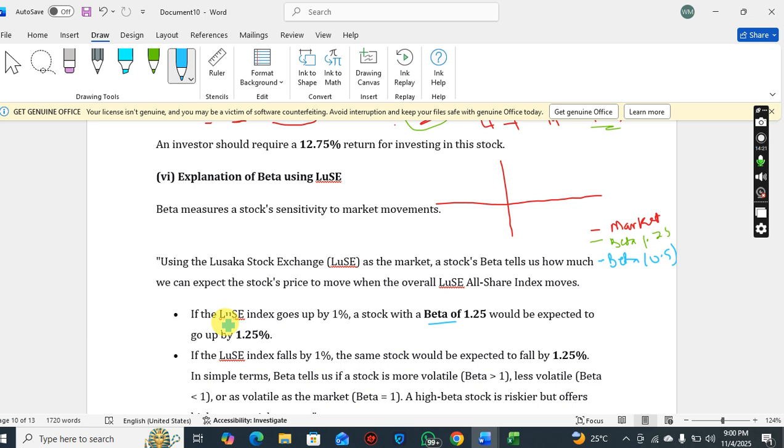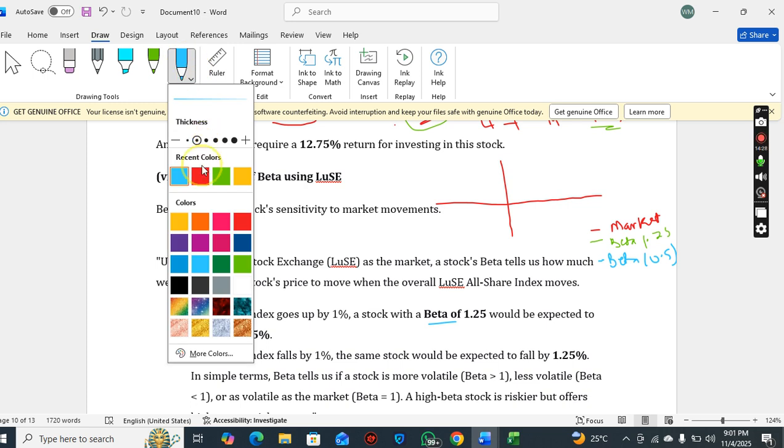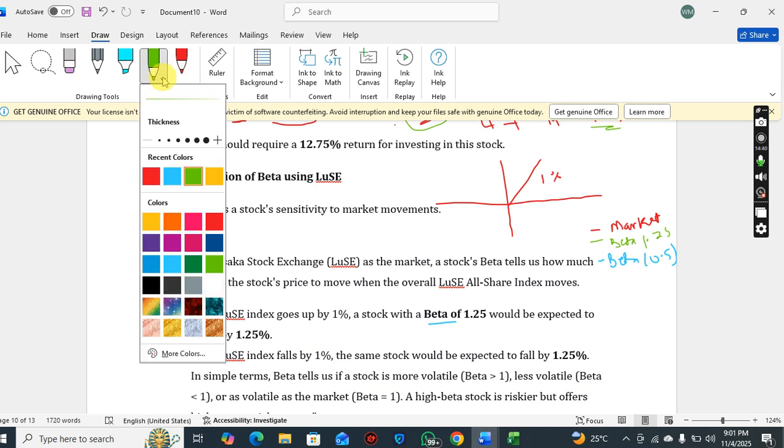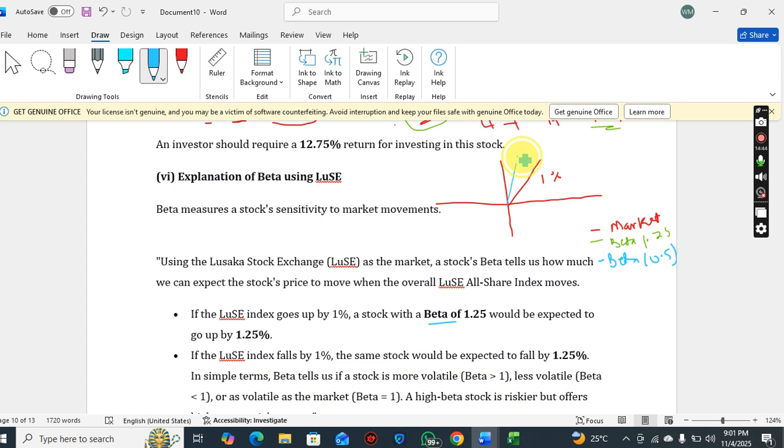Okay, so basically what it means is if the Osaka index goes up by 1%, so imagine this, the Osaka index in the red line has gone up by 1%. With this beta, the price of these shares is going to go up by 1.25%. Okay, greater than the stock market, which is a benefit for someone who has invested in this share.